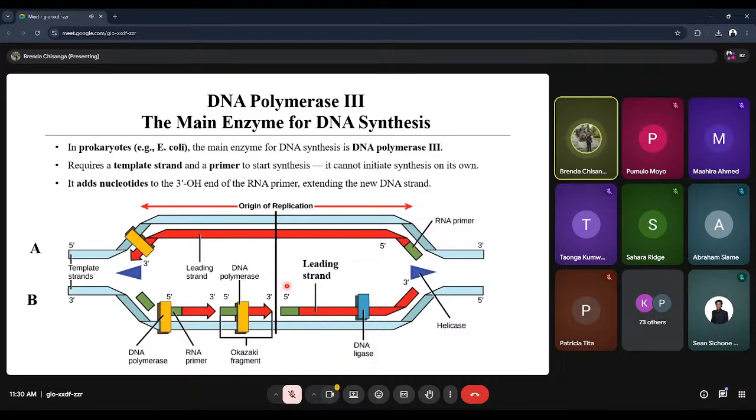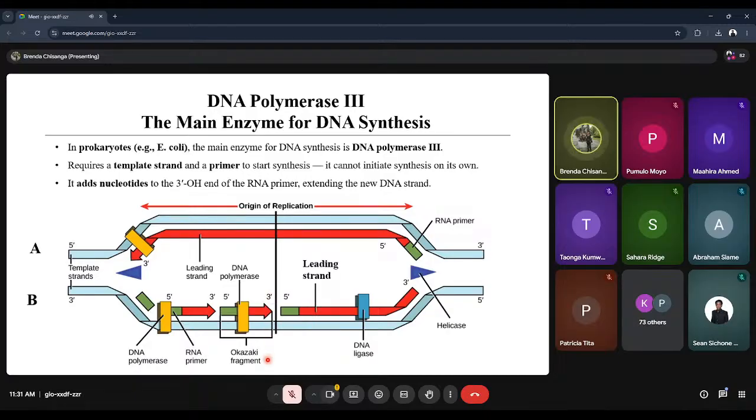But we also know replication is taking place on this other side. So how is it taking place? The part I've explained is only this end. We also need to understand how synthesis is taking place here, and show which one is the leading strand and which is the lagging strand. Again, I'm going to split this diagram into two.